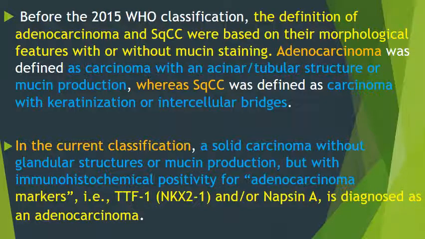Before the 2015 WHO classification, the definitions of adenocarcinoma and squamous cell carcinoma were based on morphological features. That is to say, adenocarcinoma was defined as carcinoma with acinar or tubular structures, glandular architecture with mucin production, while squamous cell carcinoma was defined as carcinoma with keratinization, keratin pearls, and intercellular bridges.